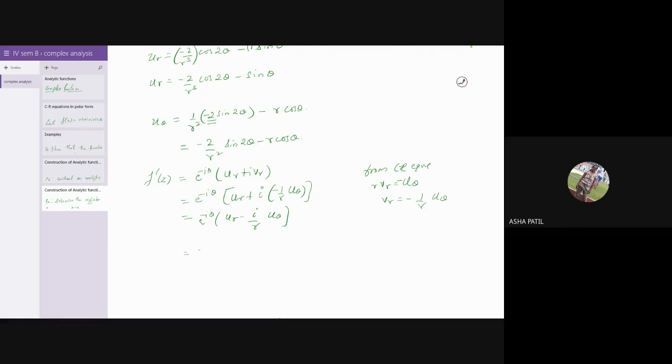Let us substitute it. E raised to minus i theta, ur is minus 2 by r cube cos 2 theta minus sin theta. This is ur.